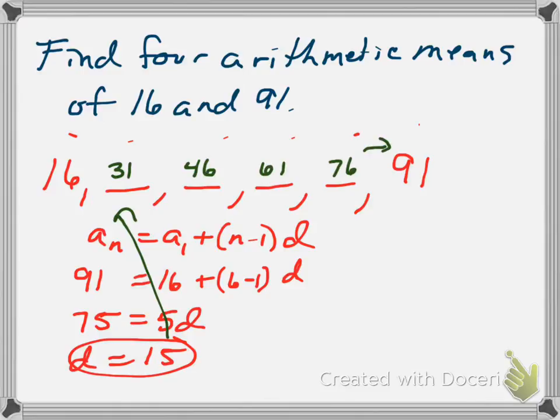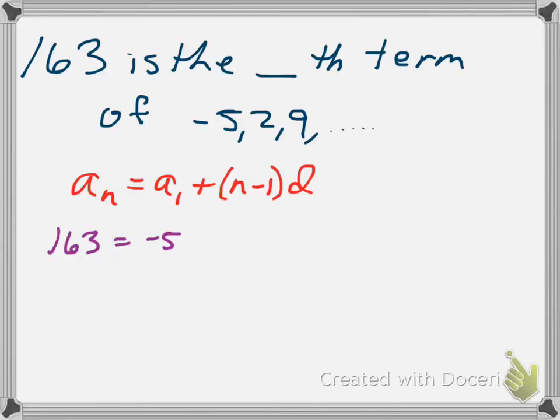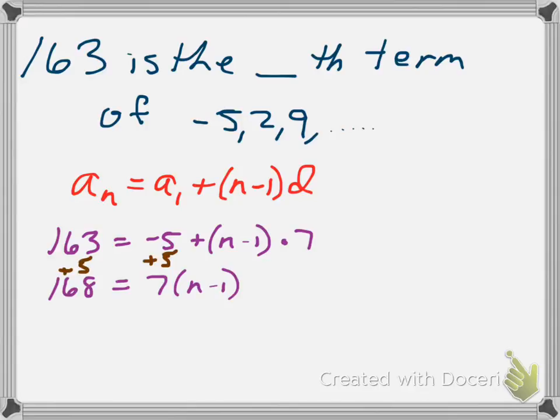I want you to try this one all by yourself without me saying anything. Step 1, I'm looking for n, so I'm going to fill in numbers for everything except n. So I want to know what number term it is. Add 5. Divide by 7.